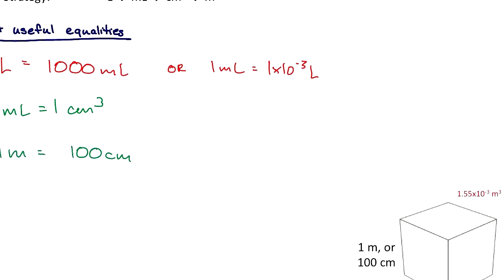So if we want to make the relationship between meters cubed and centimeters cubed, what we're simply going to do is cube both sides. That's it. So if we kind of expand that, remember this cube applies to the unit and the number. So 1 meter cubed. 1 cubed is what? 1.